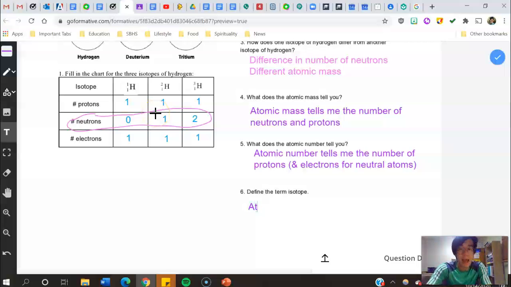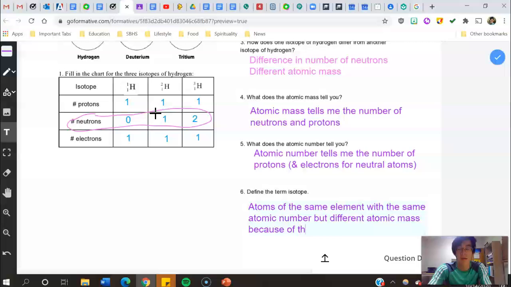So atoms of the same element with the same atomic number but different atomic mass because of the different number of neutrons. That's the main gist: isotopes are just atoms with a different number of neutrons.